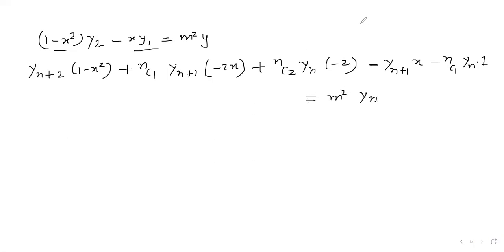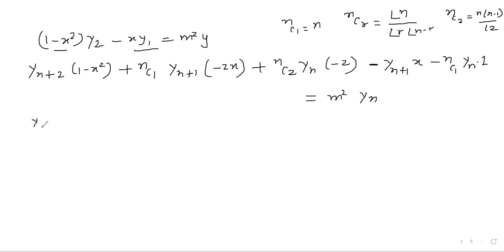We can simplify. We can apply formula nCr equal to factorial n upon factorial r factorial n minus r. So nC1 is n, nC2 is n into n minus 1 divided by factorial 2. So we can put this value and then we can simplify.